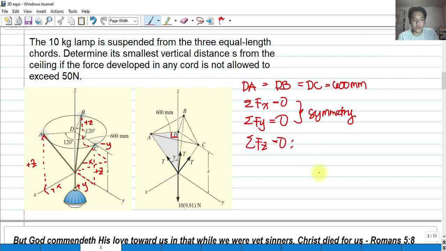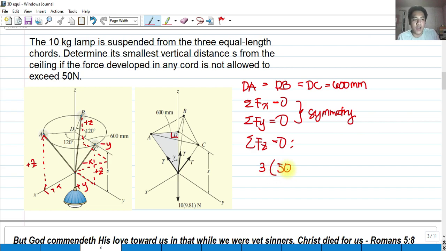So for the summation of forces along Z, I can write 3 because it is for the 3 cables, times the maximum tension, which should be 50.